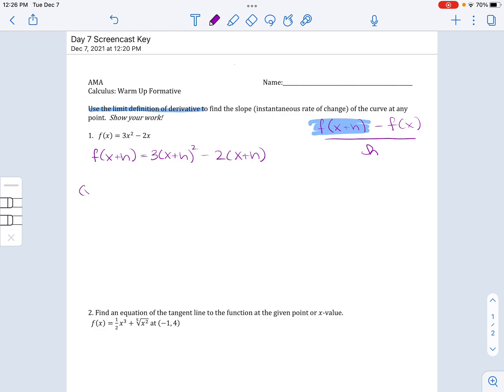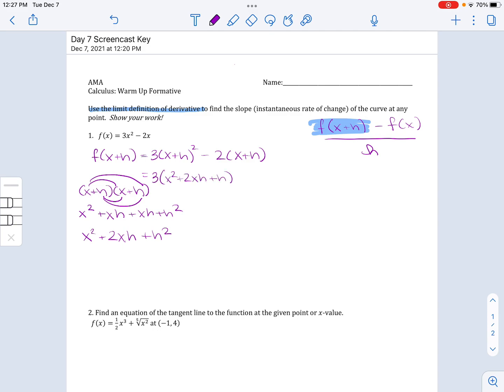Remember, x plus h squared means x plus h times x plus h, and there is a shortcut for that, but in case you want to go the long way, x times x is x squared, x times h is xh, another xh, another h squared, so I've got x squared, 2 xh's, and another h squared. So that was this portion here.